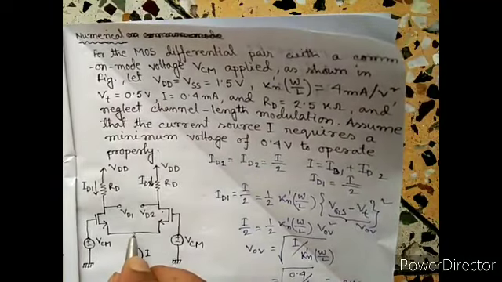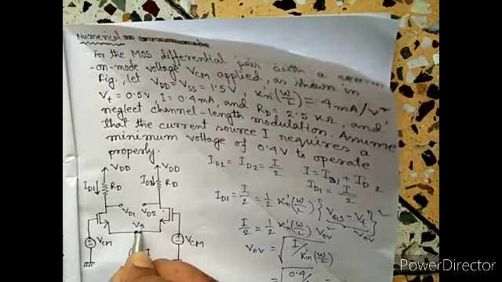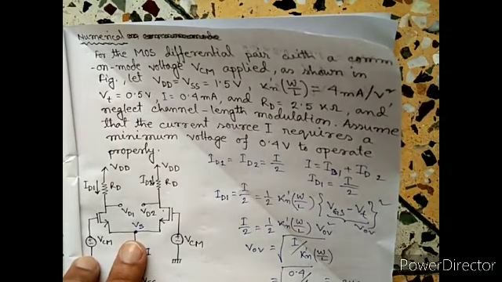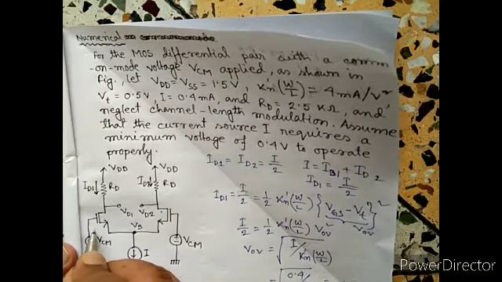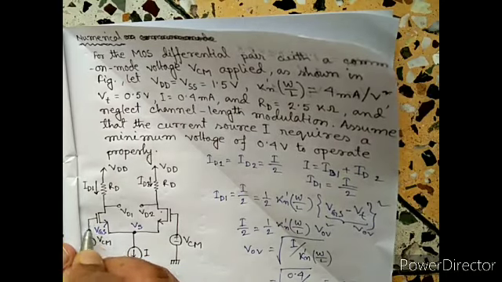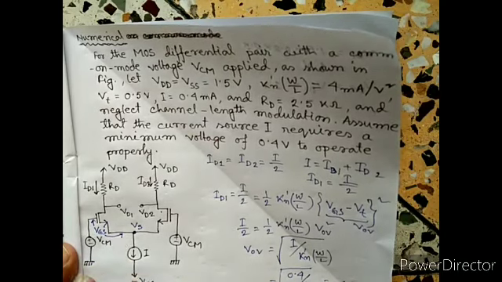How to find it? This is the source, so what will be the potential at that terminal Vs? So Vs is nothing but Vcm minus VGS, the potential difference between gate and source.